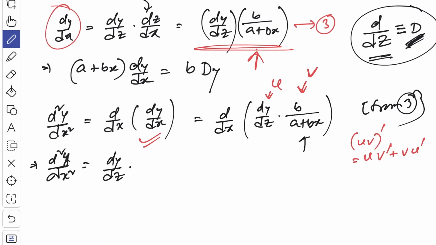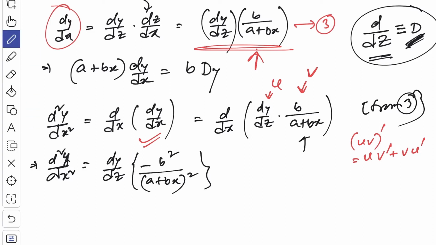If you differentiate b by a plus bx, then you will get minus b square by a plus bx whole square, right? You're gonna have this.